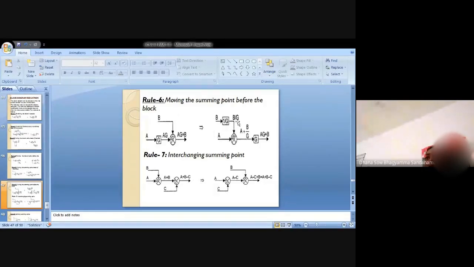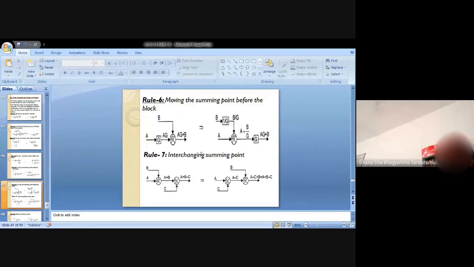When I multiply it, I will get B by G. So I will get A plus B by G. This is the input that is given to this block, and when it is multiplied with this G value, I will get AG plus B.